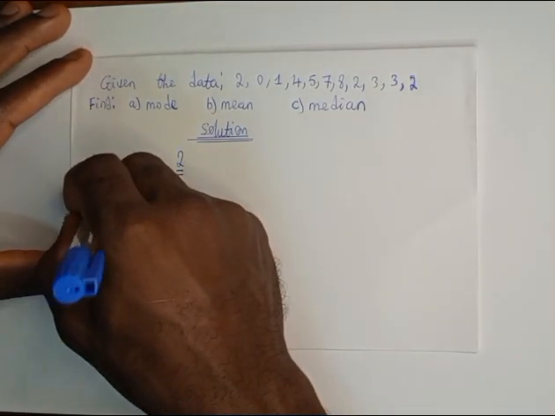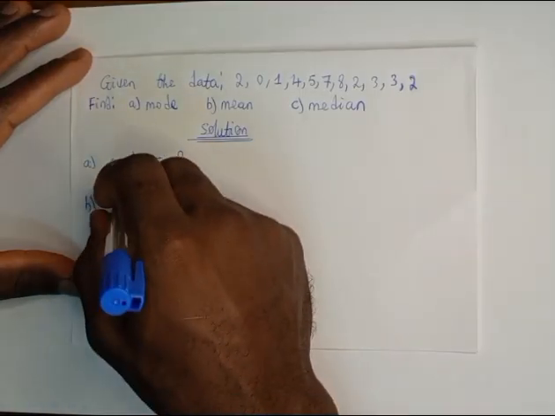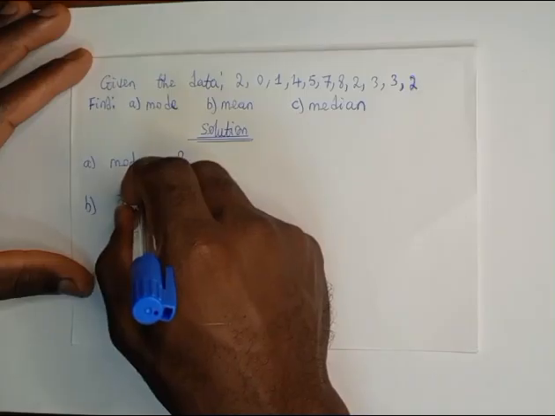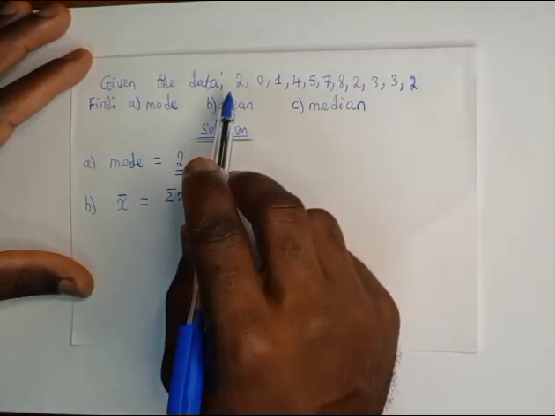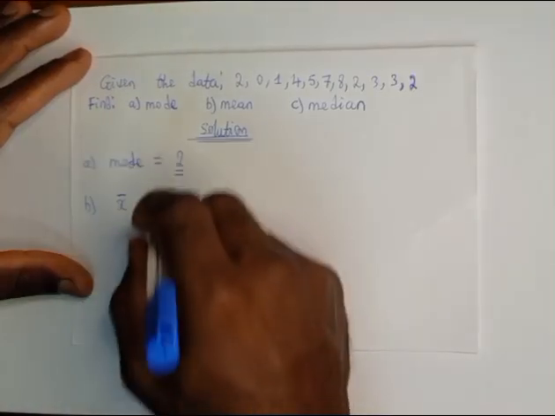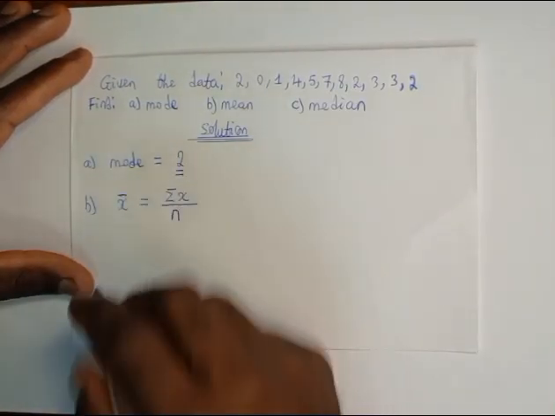For question B, we have to find the mean. The mean of this data, which is denoted as x bar, is simply equal to summation x, that means we have to add all these numbers in the given data, then divide by the number of observations.